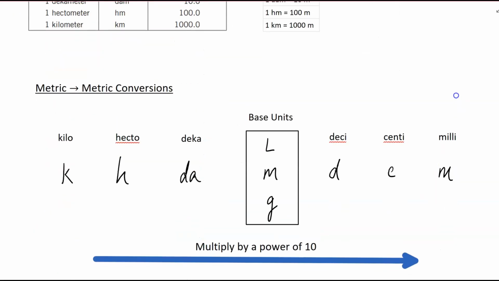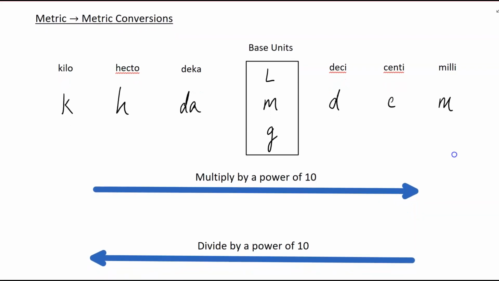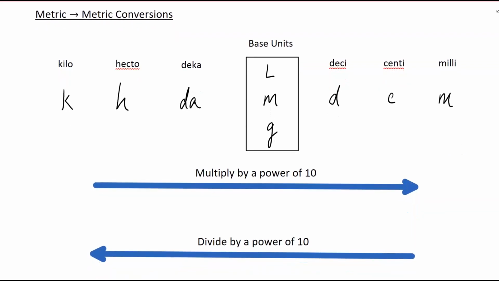Moving on to metric. The metric system is built on base units, and here are 3 common base units. Not all of them, but 3 of the common base units: liters, meters, and grams. We will mostly be working with meters, but I've put the others here as a couple of other examples.